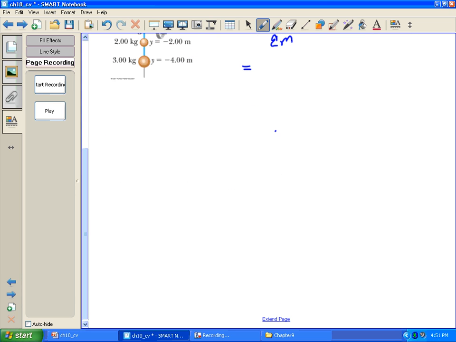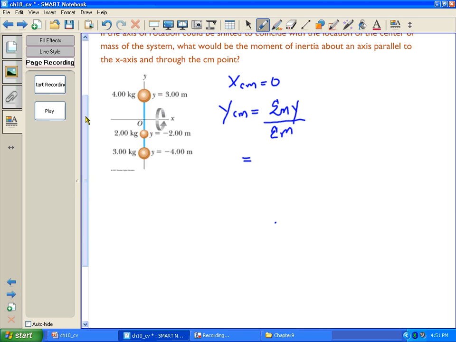Let's call the 4 kilogram mass M1, with its location at Y1. The 2 kilogram mass M2 has its location on the y-axis, and M3 is the 3 kilogram mass with its location.